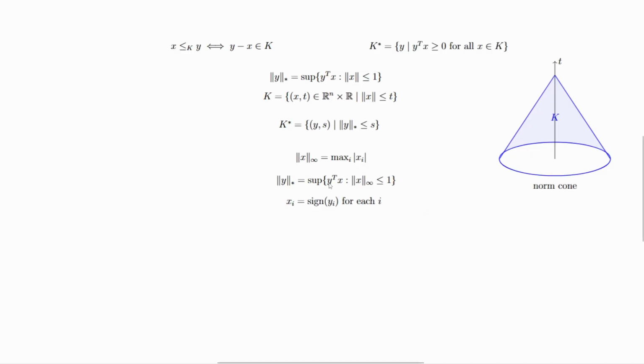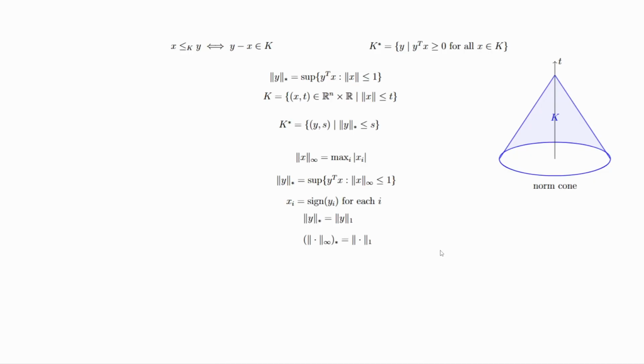For example, if y was the vector -1, 3, then x would therefore be -1 and 1. So when you do a dot product, you would have -1 times -1, which is 1, and 3 times 1, which is 3, which gives you the most you can get out of that dot product, which is 4.